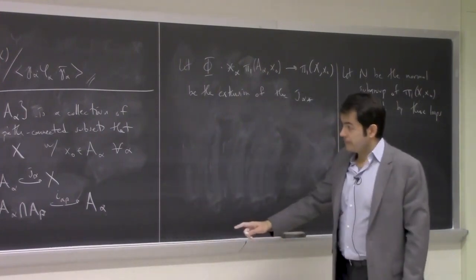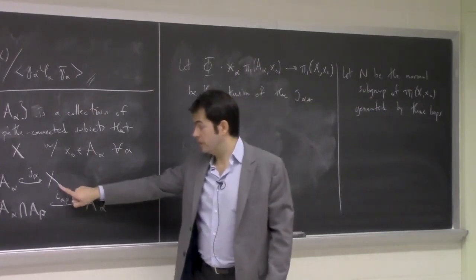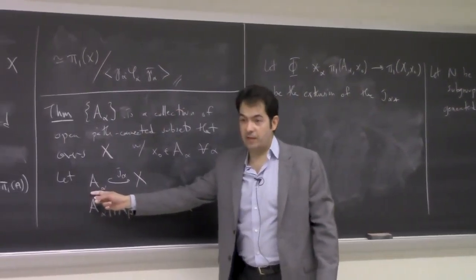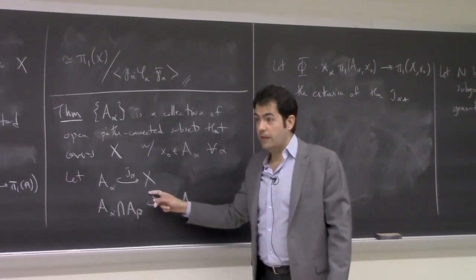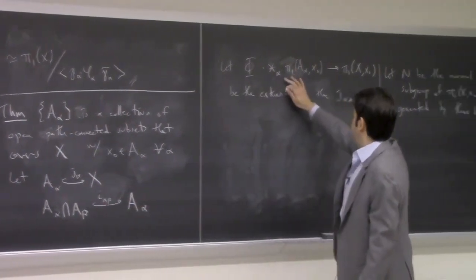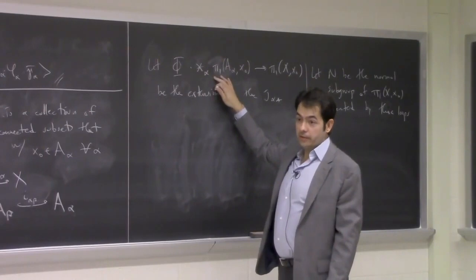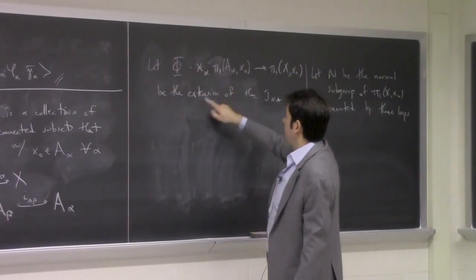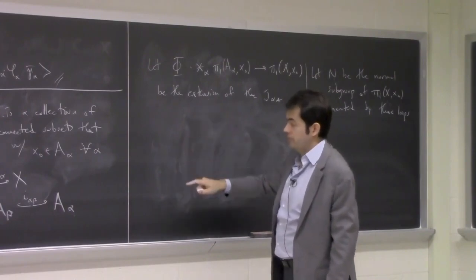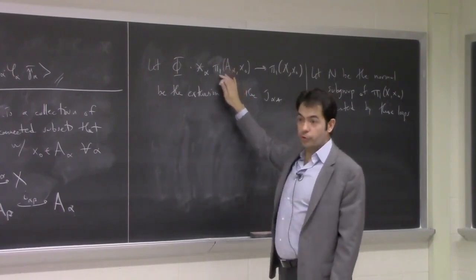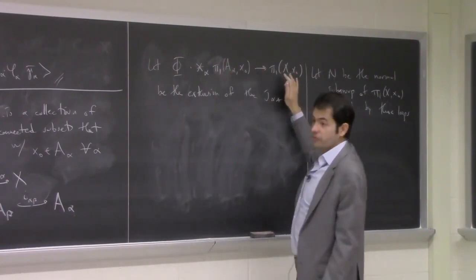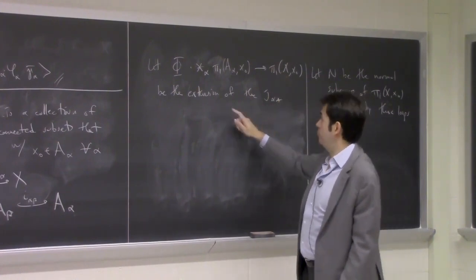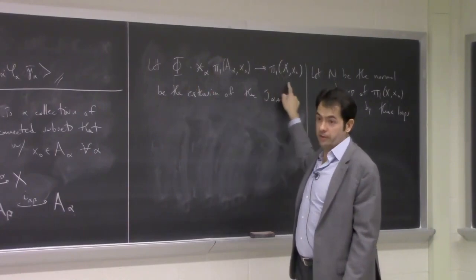Right, so every one of these inclusions induces a map of fundamental groups, mapping the fundamental group of A alpha into the fundamental group of X. We saw that the free product's defining property is that every time you have a homomorphism from each of the constituent groups into some fixed group, then there is an extension of that to a homomorphism from the free product into that group.